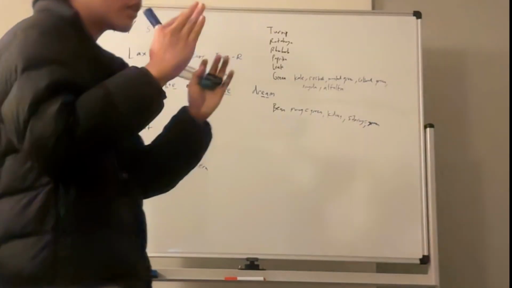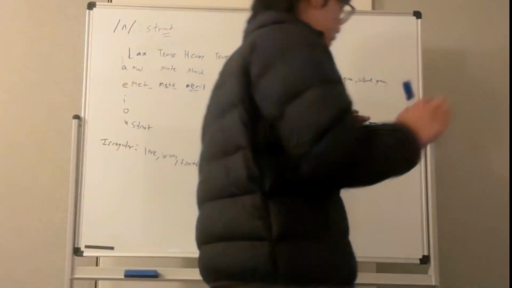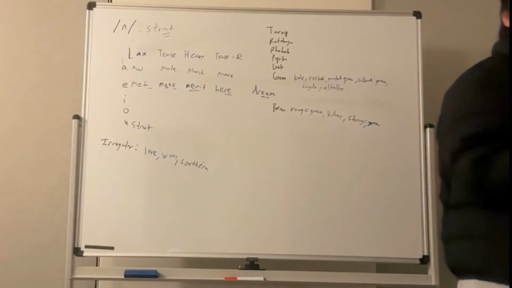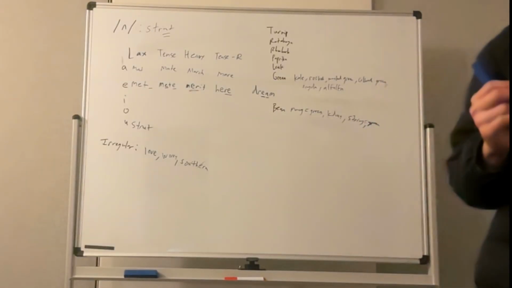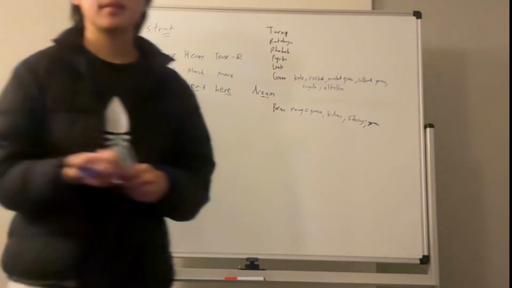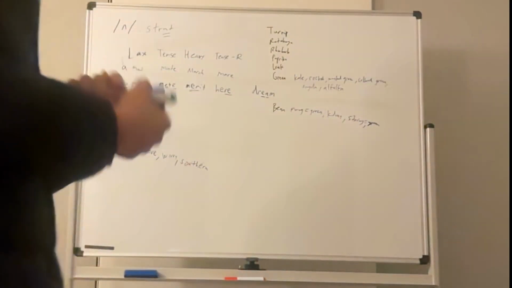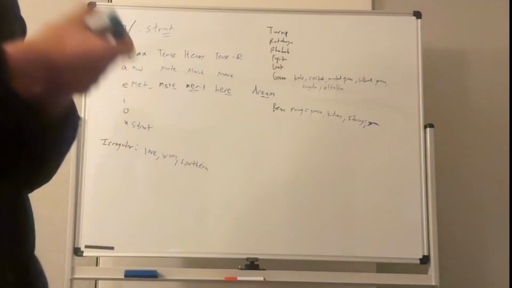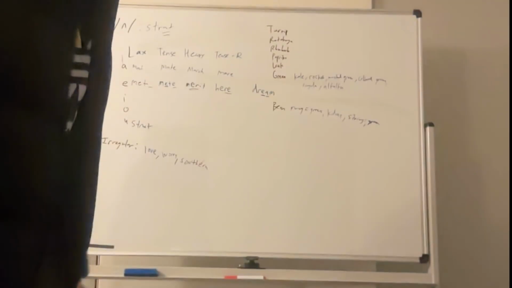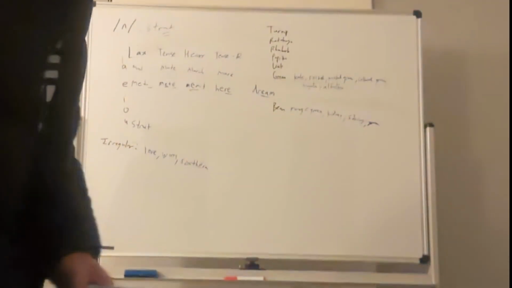String beans are like these long beans with no seeds that you stir fry, right? With soy sauce or something, and they're crunchy and a bit sweet, and they're pretty good, especially if you stir fry them right.